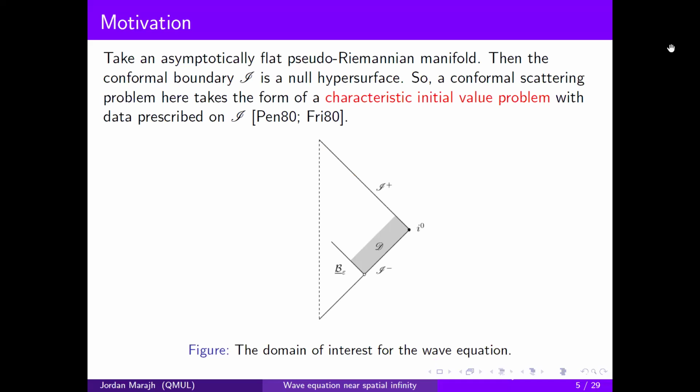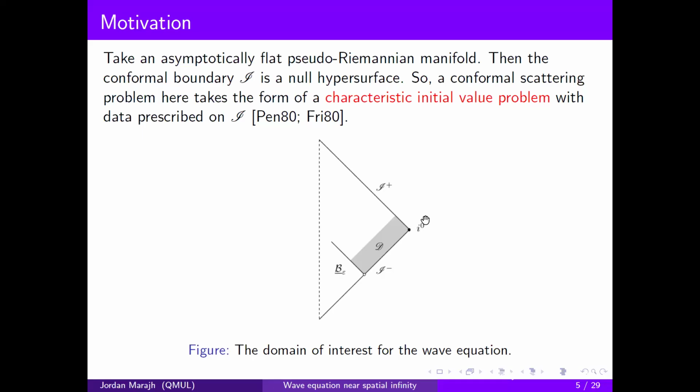Because I'll be talking about the wave equation later, I thought I should give this image now, and I think it's quite useful to look at. This is, of course, Minkowski. This is where the analysis will be happening. You've got scri as the null hypersurface at the boundary.